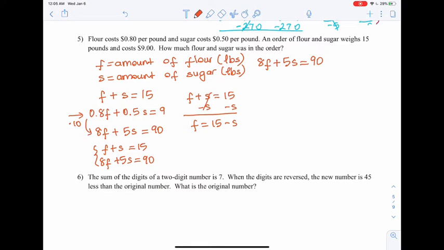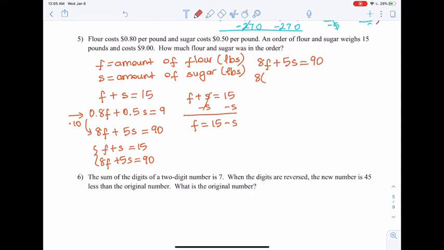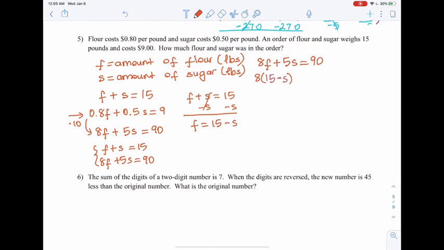Let's plug in 8 times 15 minus S, and plus 5S is equal to 90.